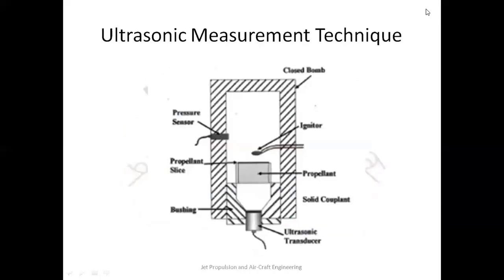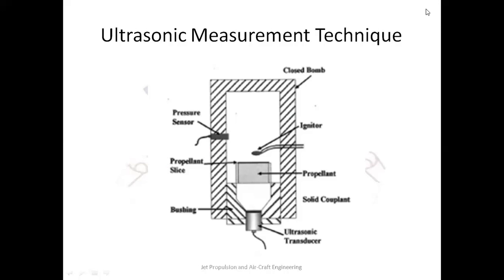Next one is the ultrasonic measurement technique. In this technique, the burning chamber is called a closed bomb and contains the tested propellant sample having a length of 35 mm and diameter of 30 mm, which is attached to a coupling material, as you can see in the slide.